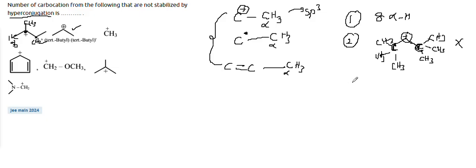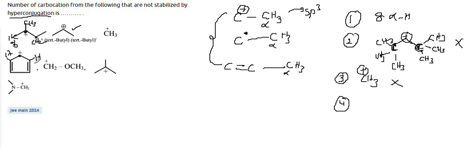In the third one, CH3 plus, there is no alpha carbon, so it does not show hyperconjugation. Fourth one, see here, this is the carbocation, and hydrogens are present here, and here also, but that is not an sp3 hybridized carbon, it is sp2.